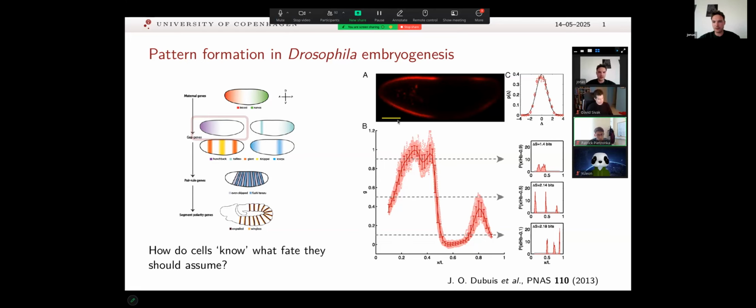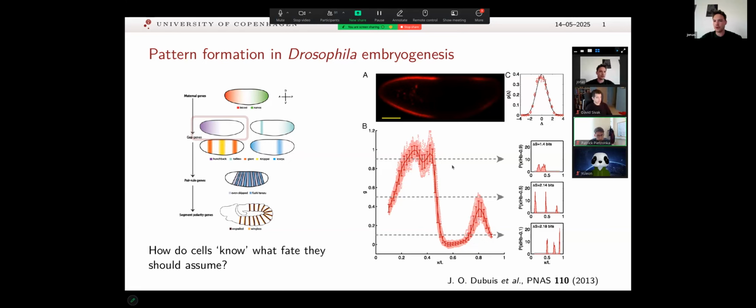So, for instance, if we look at this fruit fly embryo, and I boxed here on the left side this figure with the purple and the white, we have some gap gene that is expressed in a gradient-like fashion, which is called hunchback. And if we now detect this in experiments, we see basically that in an ensemble of different embryos, we find that the morphogen profile, or the gap gene profile in this sense, has some particular shape, but there are a lot of fluctuations, of course.